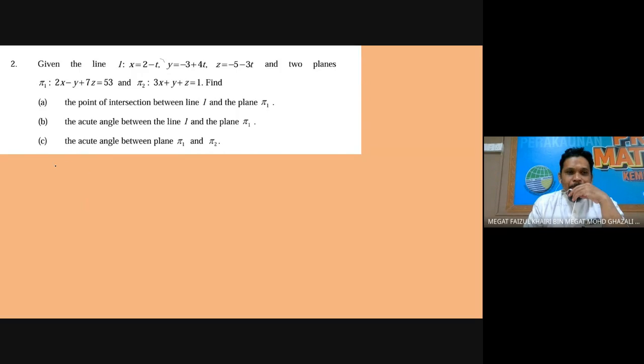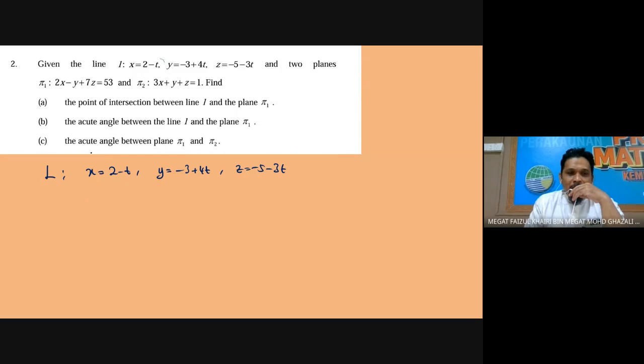The first one, the straight line L is given here: x equals 2 minus t, y equals negative 3 plus 4t, and z equals negative 5 minus 3t.